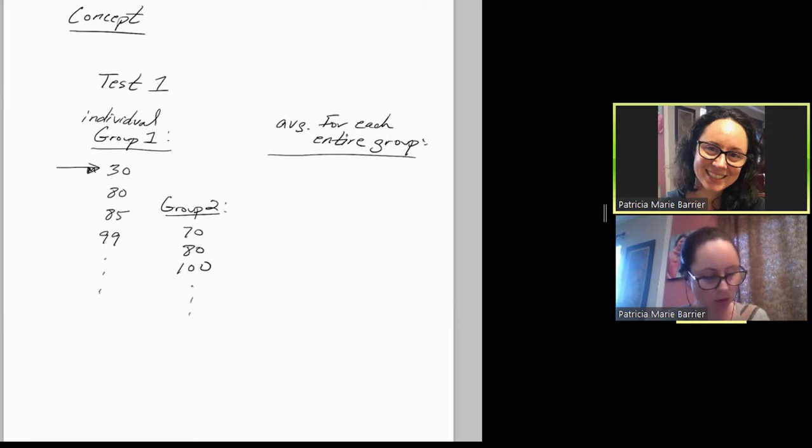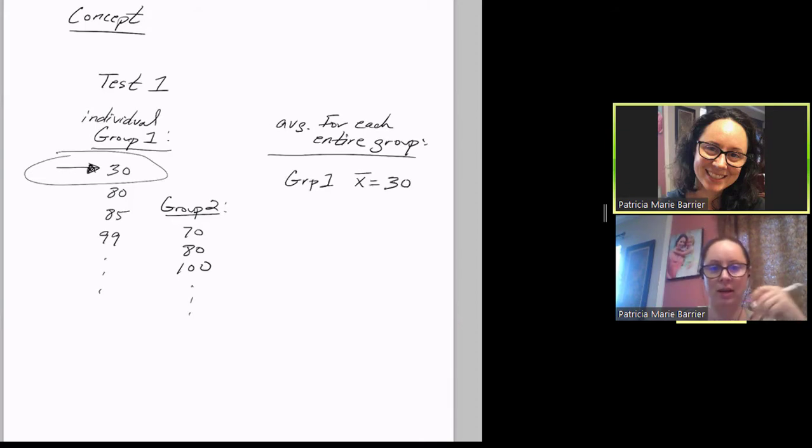Different scores. Would it be more plausible to say that I would expect to have maybe one person who just absolutely didn't study, right? That individual score that's that low. Or would it be more plausible to say, okay, the average for the entire group 1, class 1, their average for the entire class was a 30.